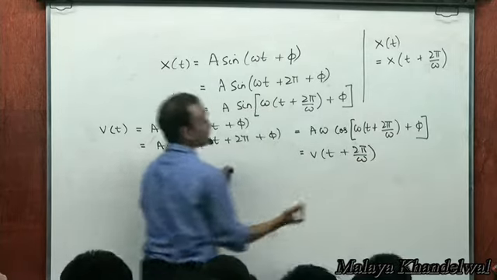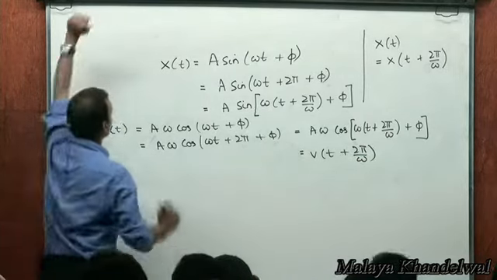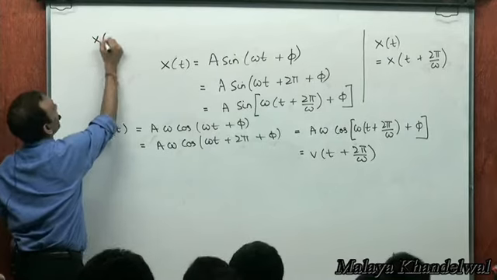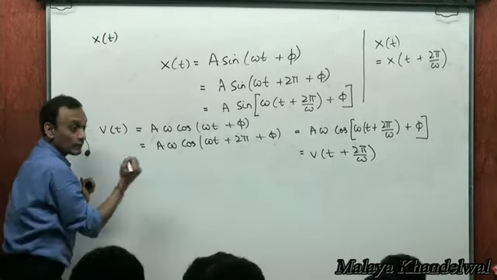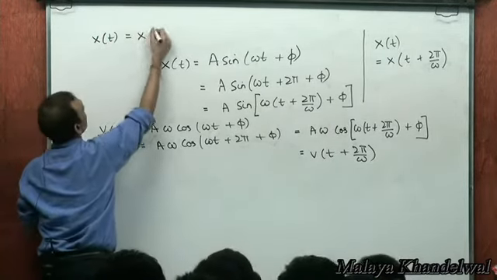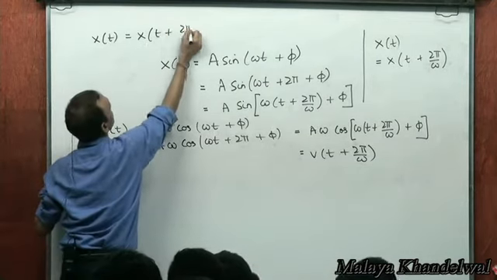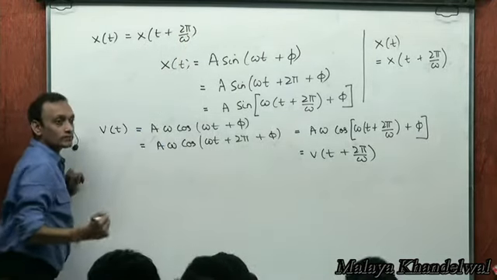Now, the two conclusions. One, x at an instant of time t is the same as x at an instant of time t plus 2 pi by omega. Right?